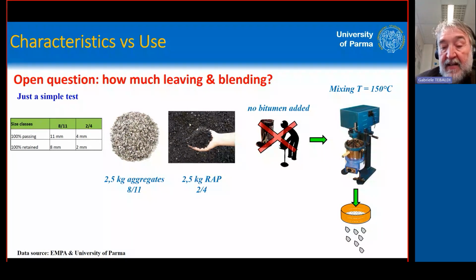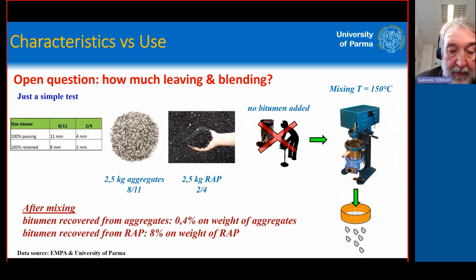Mixing without any bitumen added and recovering the bitumen, we found almost no bitumen in the natural aggregate, and 8% of bitumen. We were analyzing just the fine part with the RAP, with a lot of bitumen. In that case, we found 8%. So there was almost no bitumen leaving.